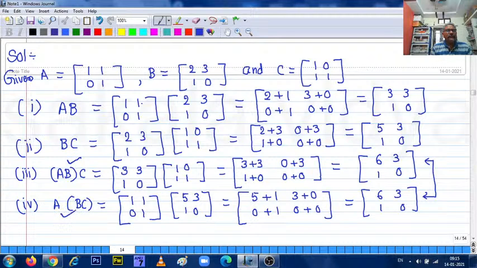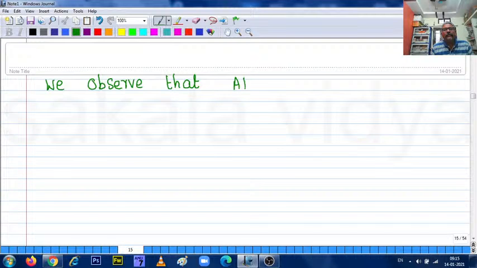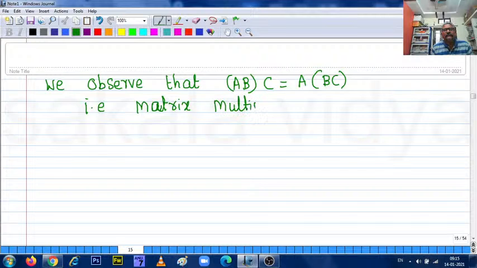AB of C equal to A of BC. This is called associative property. So we observe that AB of C equal to A of BC. That is, matrix multiplication is associative.